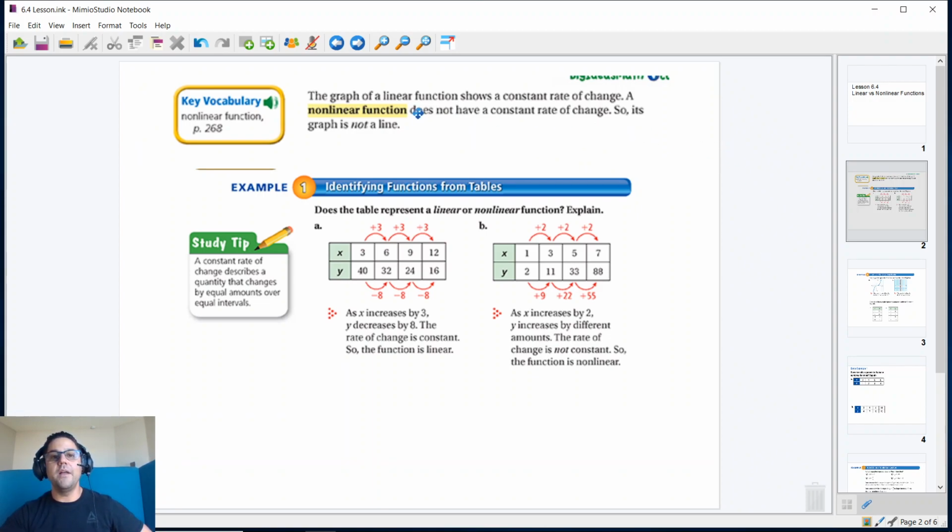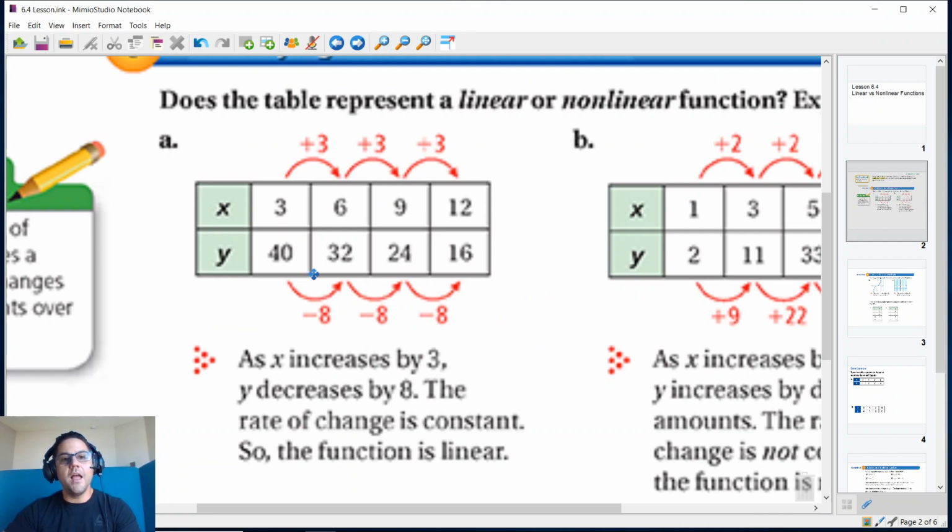All right, so the graph of a linear function shows a constant rate of change. This is directly from your textbook, so I'll just zoom in. If you notice, they're all changing by 3, so it's increasing by 3. That's constant. Checking the y, that is also constant.